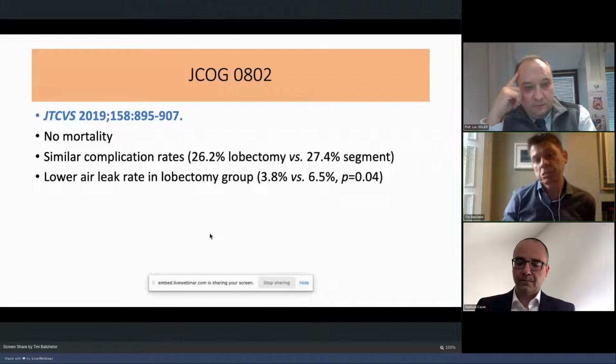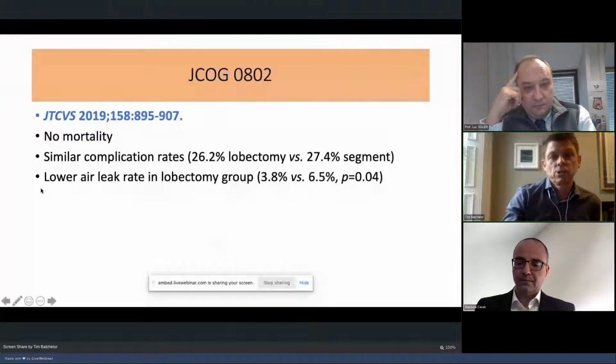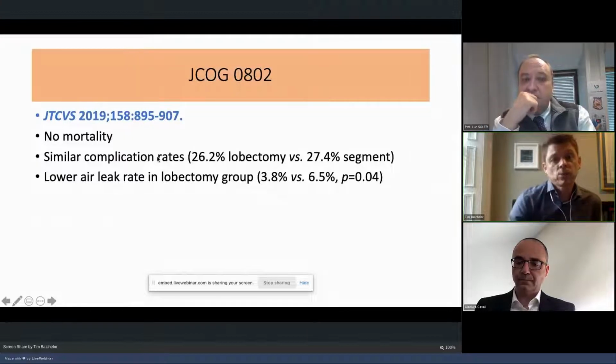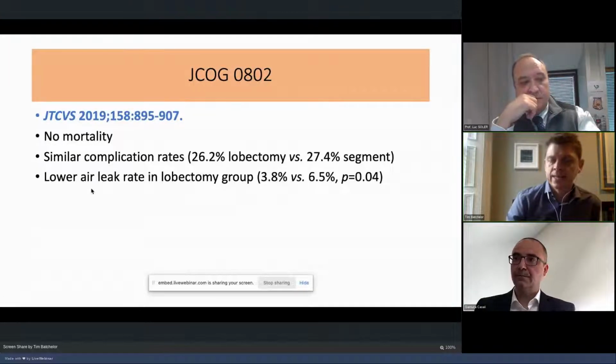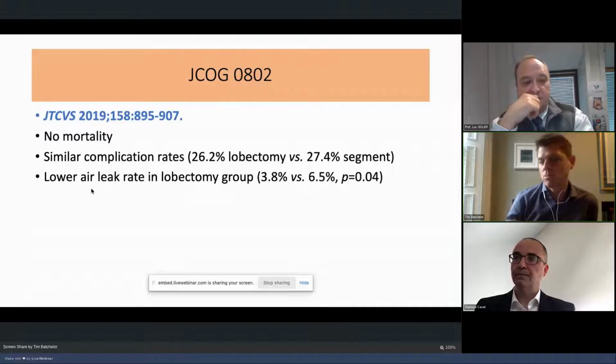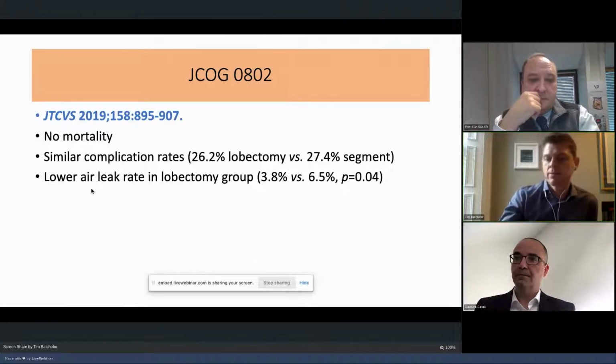So maybe that's slightly unusual, but they showed no difference because there was no mortality. Complication rates were similar between the two groups at around 26, 27%. But what they did find was that you were more likely to have an air leak in the segmentectomy group, and if it was a complex segmentectomy, more likely to have an air leak again.